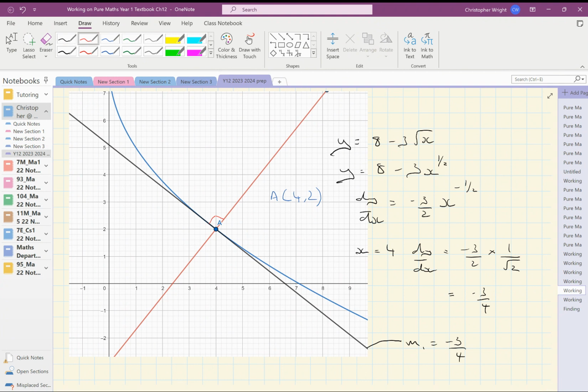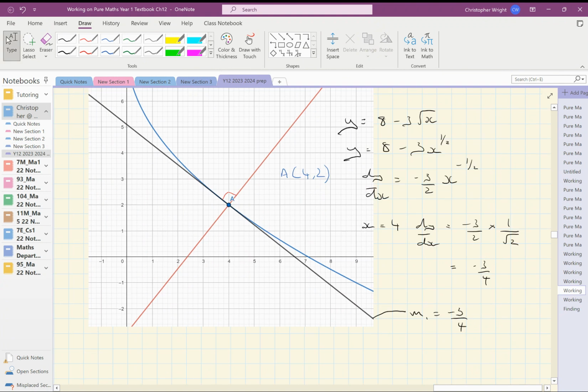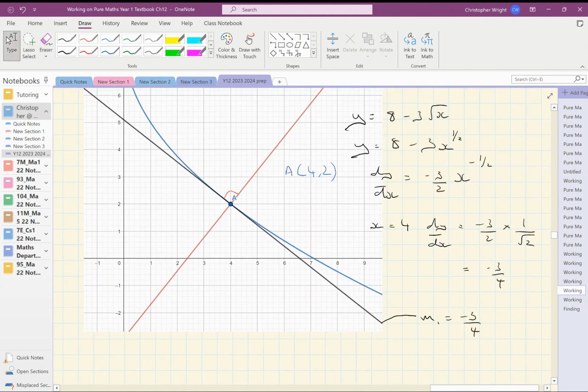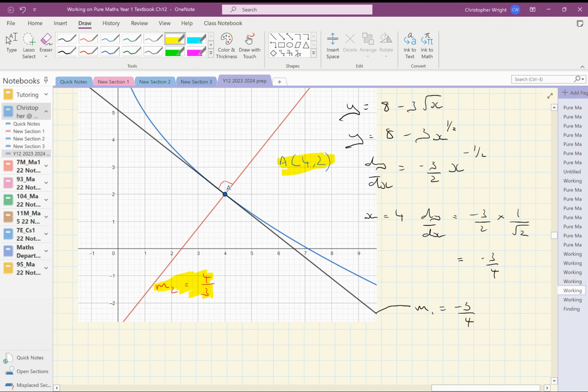So that means that I can find the gradient of the red line, the gradient of the normal, because the normal and the tangent are perpendicular to each other. So the gradient of the red line, which I'll call m2, is the negative reciprocal of the gradient of the tangent, the black line, which is 4 over 3. So now, to find the equation of the red line, I know the red line's gradient, and also I know a point on the line.